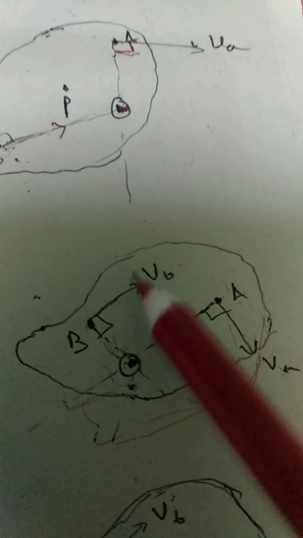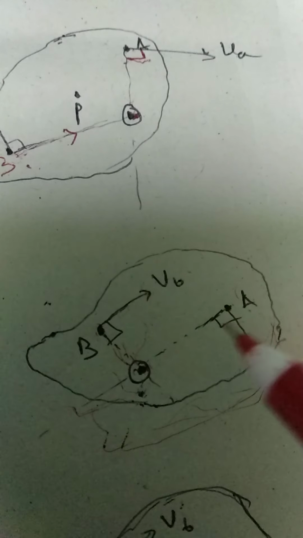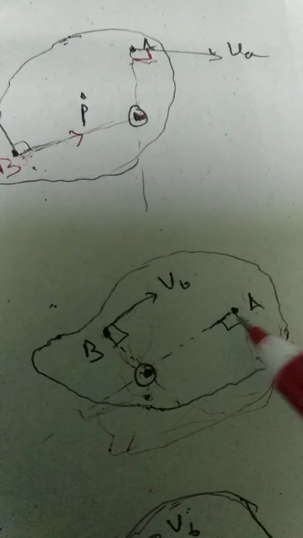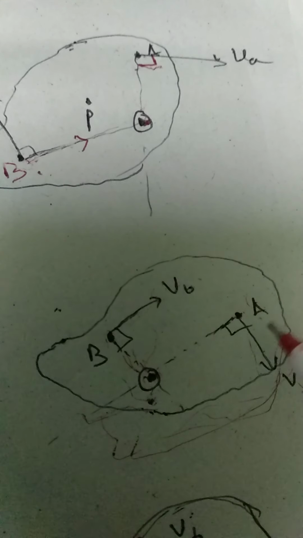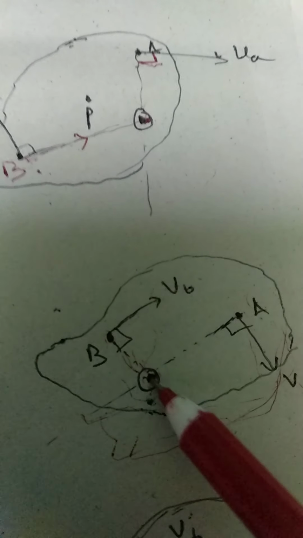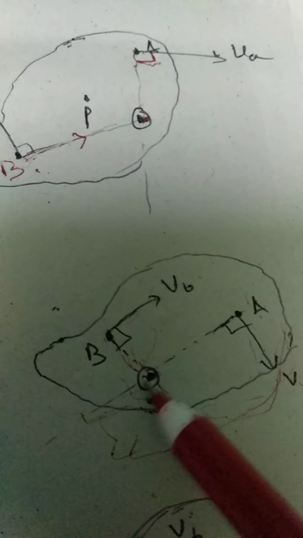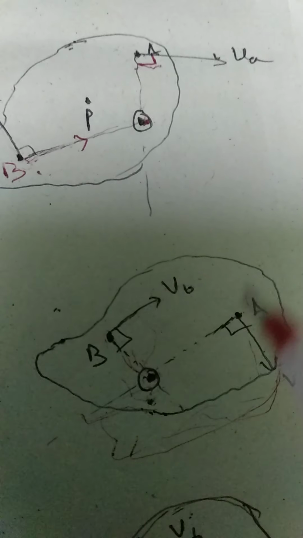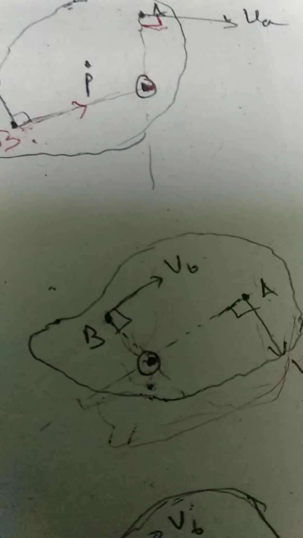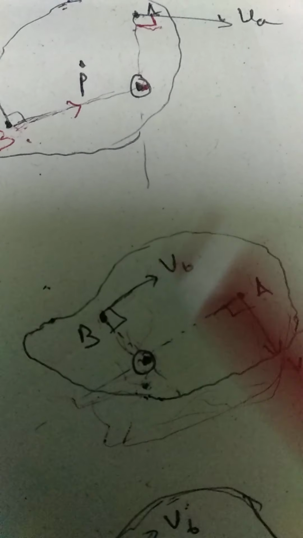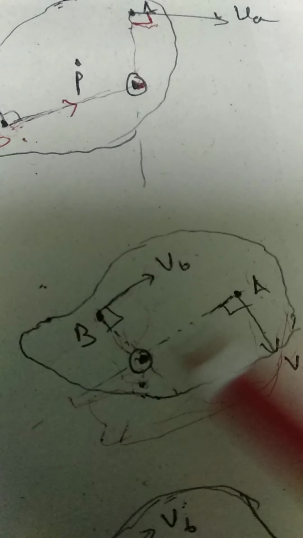So similarly, when the body rotates, the directions of the velocities at points A and B change, and so the position of this point will also change at every instant. These points are known as the instantaneous center.